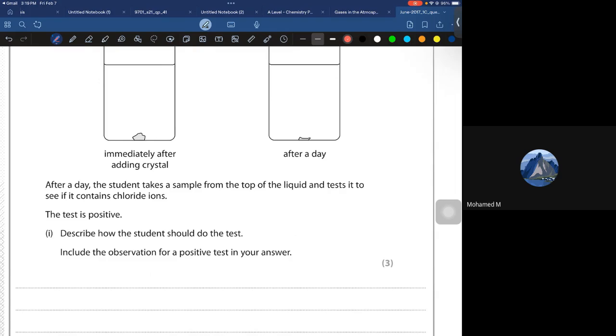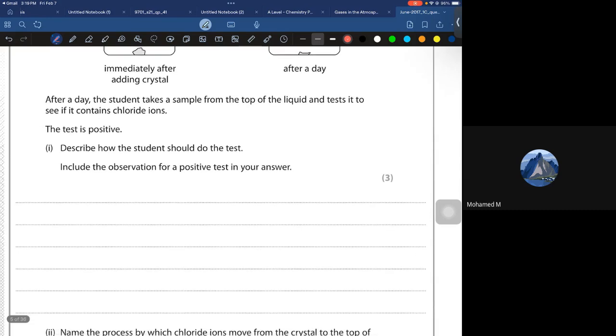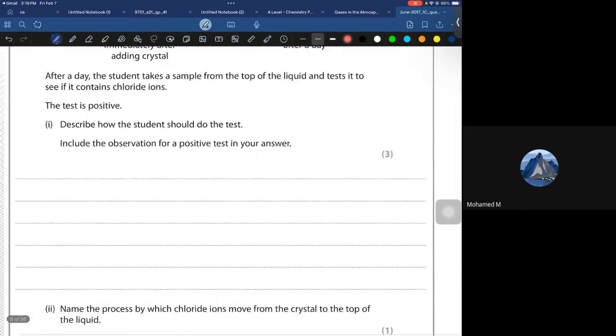Basically, they are going to do a test for a chloride. For a chloride, you are supposed to take some sort of sample from this beaker, and you are supposed to use silver nitrate, that is AgNO3, and nitric acid, that is HNO3.